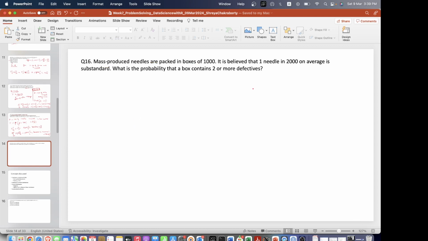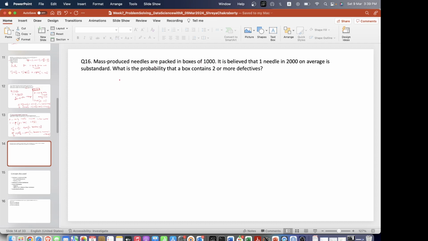Here they are saying mass produced needles are packed in boxes of 1000. It is believed that one needle in 2000 on average is substandard. So what is the probability that a box contains 2 or more defectives? Mass produced needles are packed in boxes of 1000.